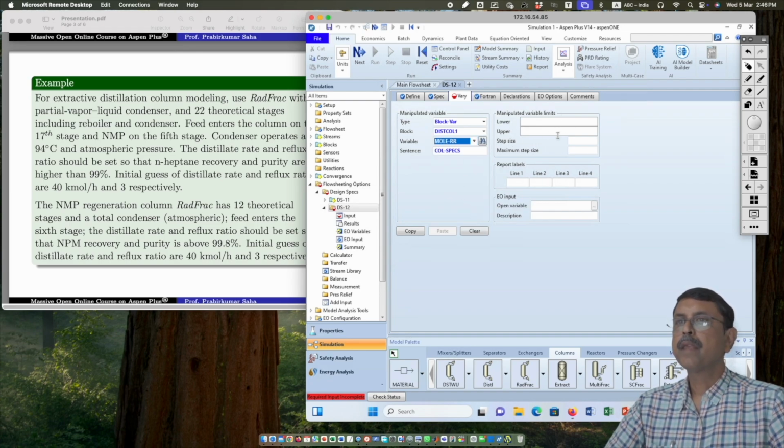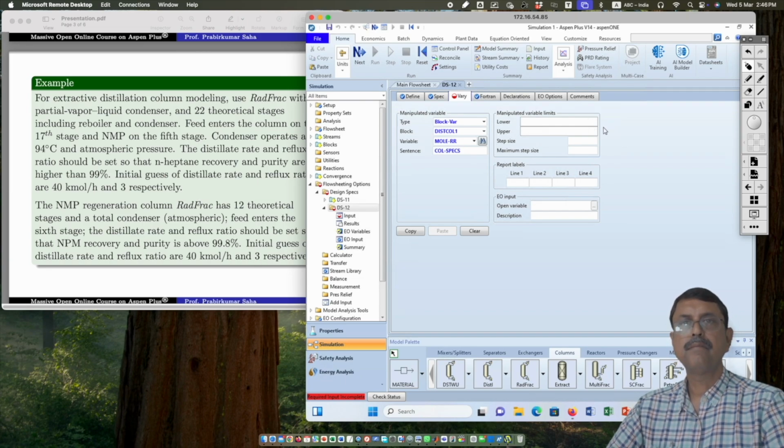And it should vary. Let us give a wide limit, so it is 0.5 to say 10. Let us see where it comes, within this range.